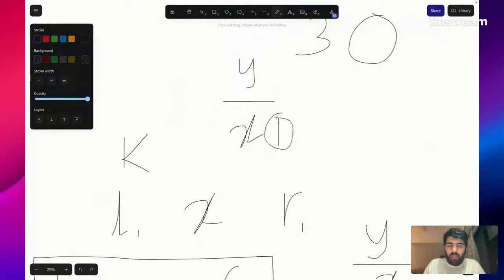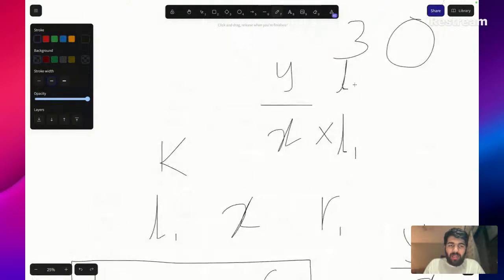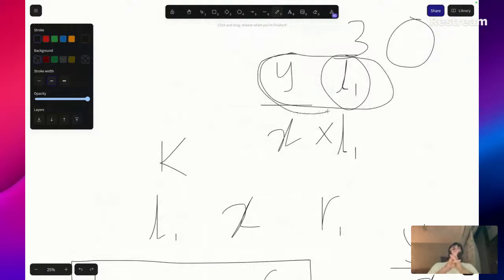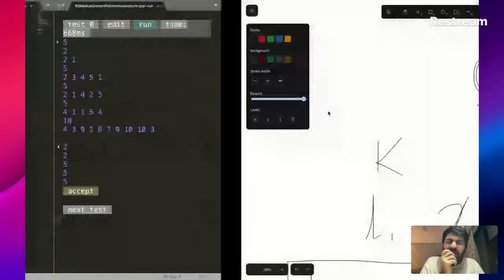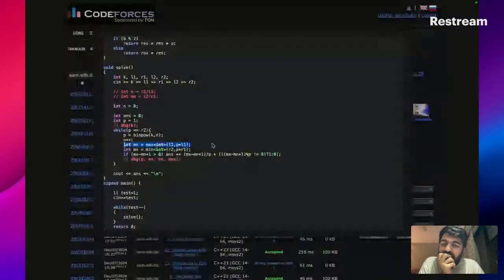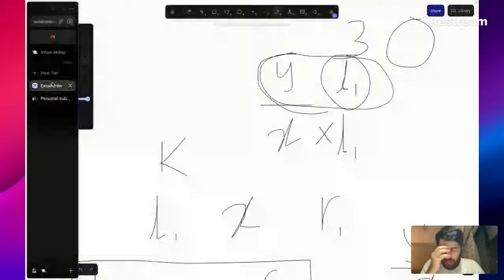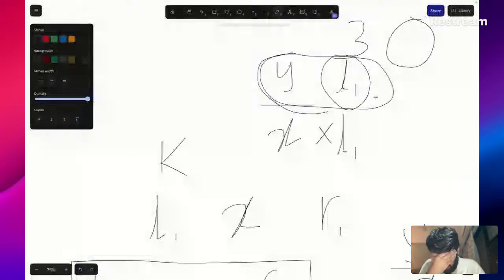So x I multiply by some L1, and y I'll multiply by that L1 again. But it's not necessary that this comes inside the range. That is an error I can catch. It's not y multiplied by L1.